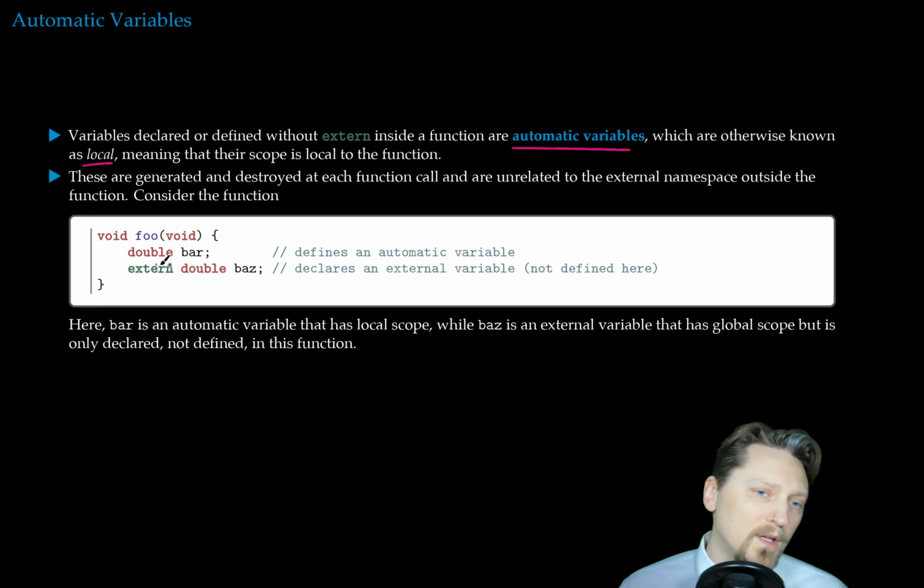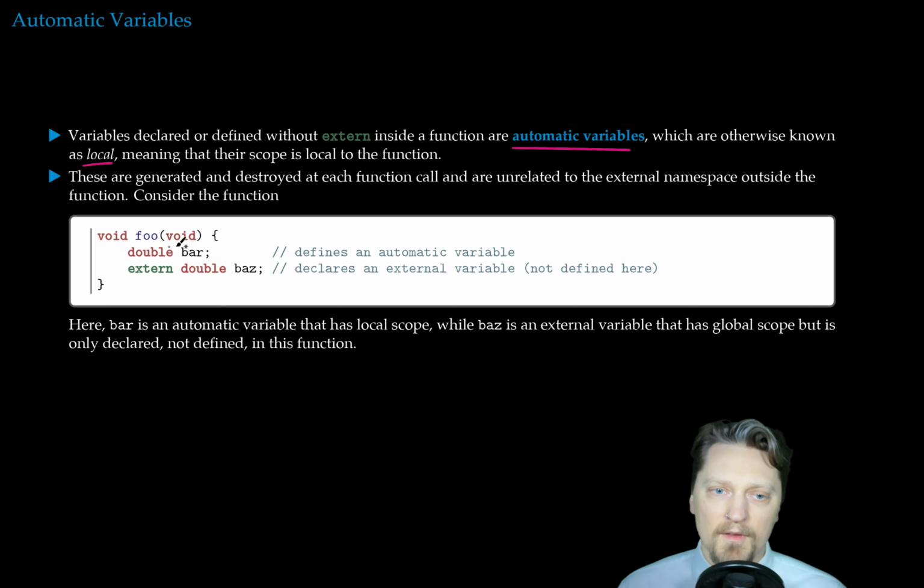Inside of foo, we define an automatic variable bar, double bar. Here we'll also declare an external variable baz, which is not going to be defined here, it's defined elsewhere. Here bar is an automatic variable that has local scope, so bar only has scope inside of foo, whereas baz has global scope, but it's only declared here, it's not defined in this function. It comes from outside the function.